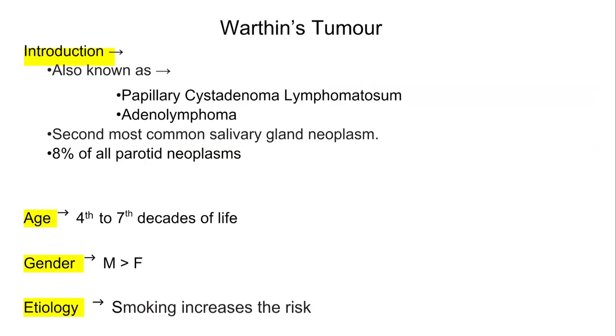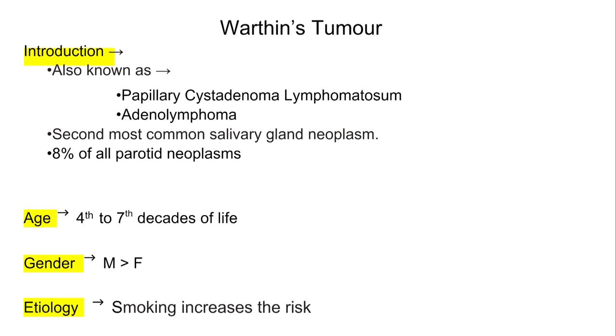Let's delve into Warthin's tumor, an intriguing subject in salivary gland neoplasms. This tumor is notably the second most common neoplasm found in salivary glands, specifically accounting for about 8% of all parotid gland tumors. It primarily affects individuals between the 4th and 7th decades of life, with a higher prevalence in males than in females.